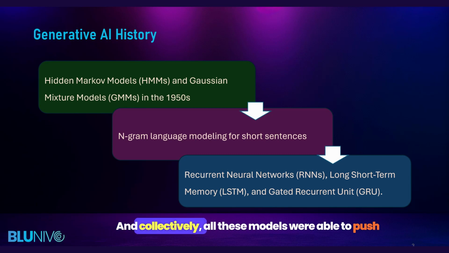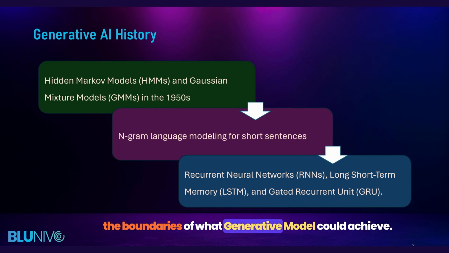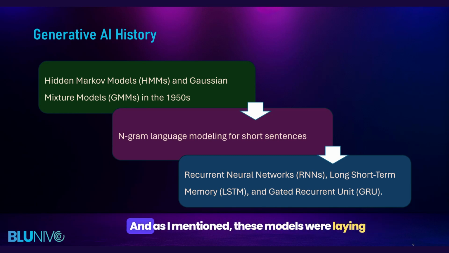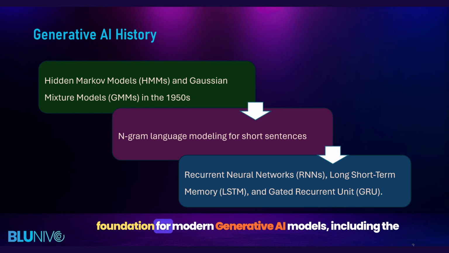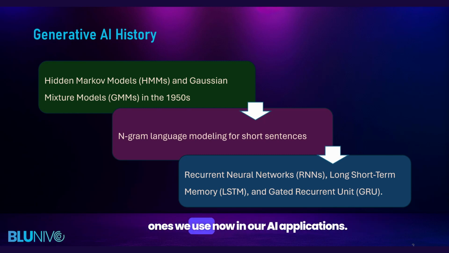Collectively, all these models were able to push the boundaries of what generative models could achieve. And as I mentioned, these models were laying the foundation for modern generative AI models, including the ones we use now in our AI applications. In this very short video, I just wanted to quickly touch on the evolution of generative AI.